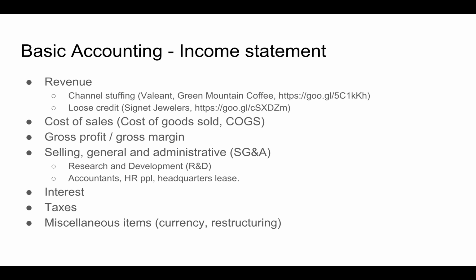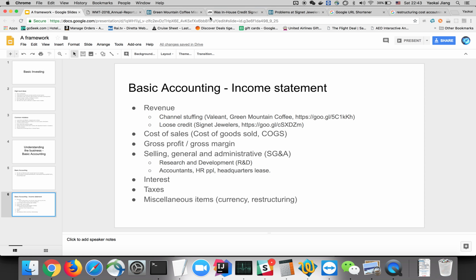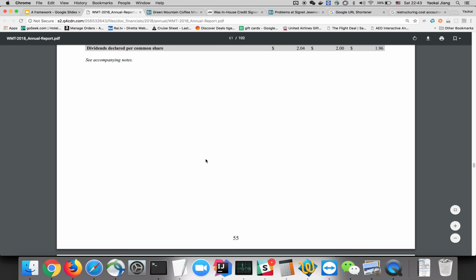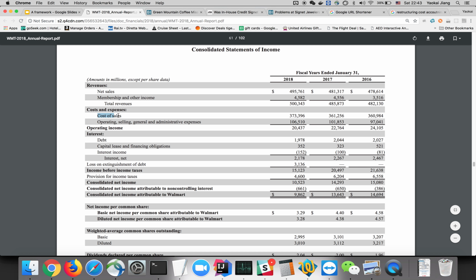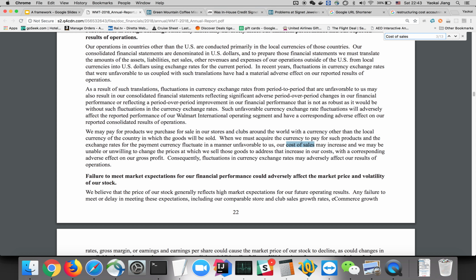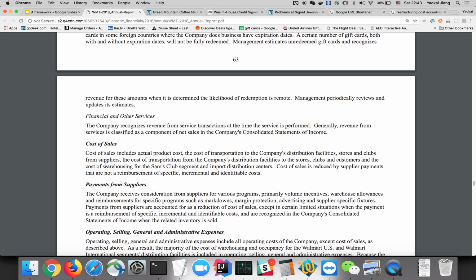So those are the things. In fact, Walmart discusses that themselves. So if you search for cost of sales, they actually explain here.